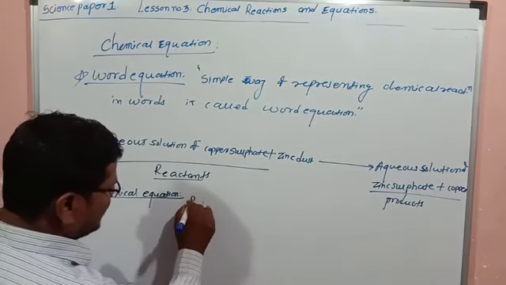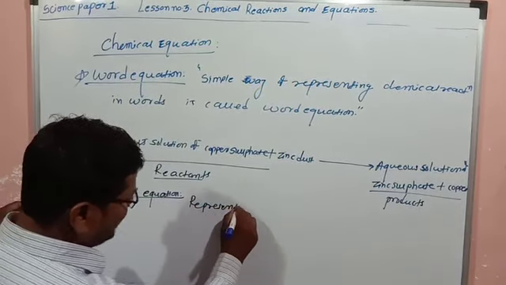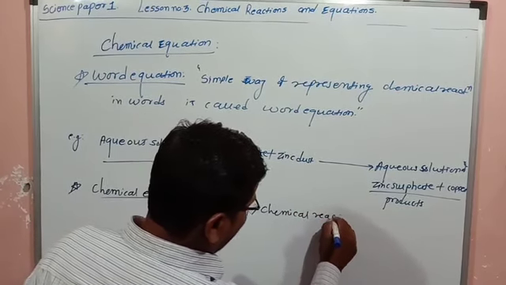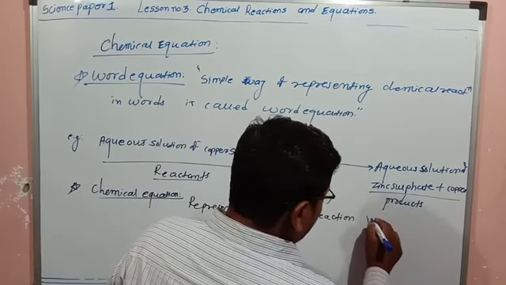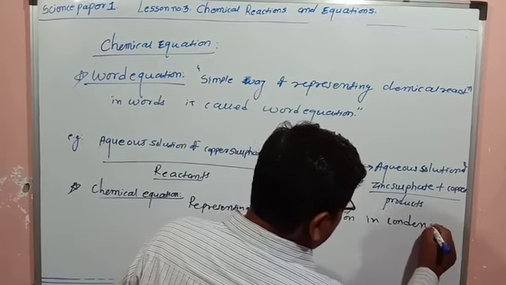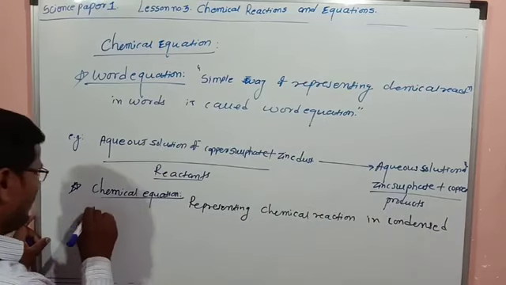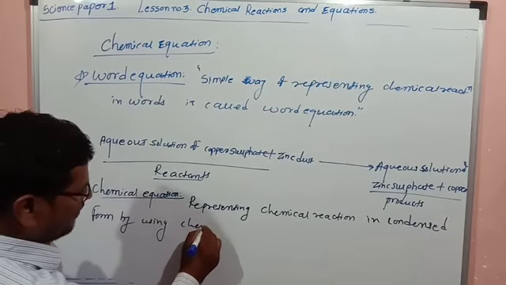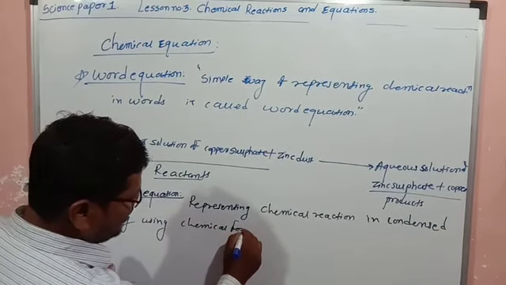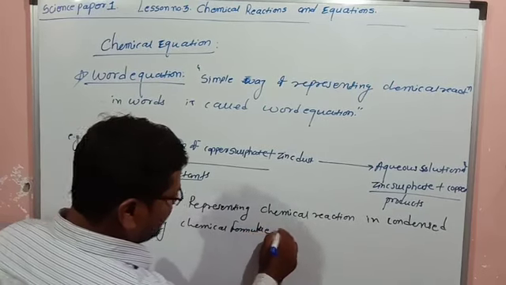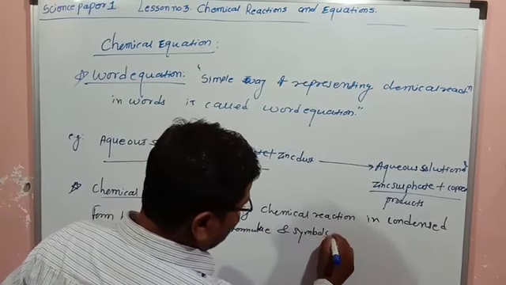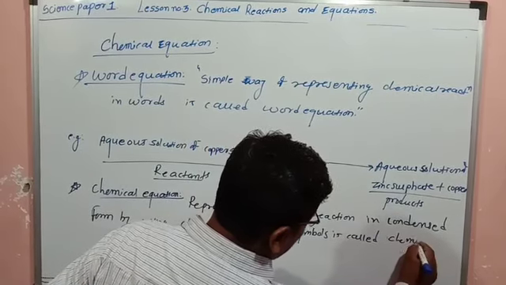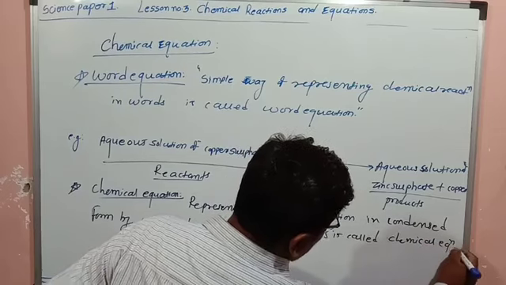The definition we will write: representing a chemical reaction in condensed form by using chemical formulae and symbols is called a chemical equation.